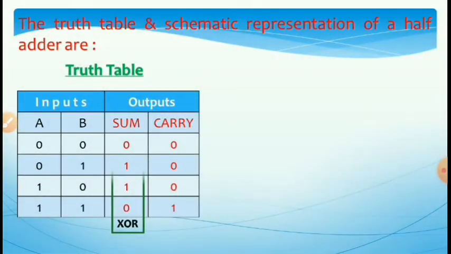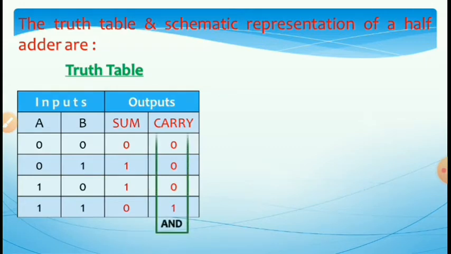The whole output of this column sum represents an XOR gate, and the whole output of column carry represents an AND gate. As you can see, the output of carry belongs to AND gate and the output of sum belongs to XOR gate.